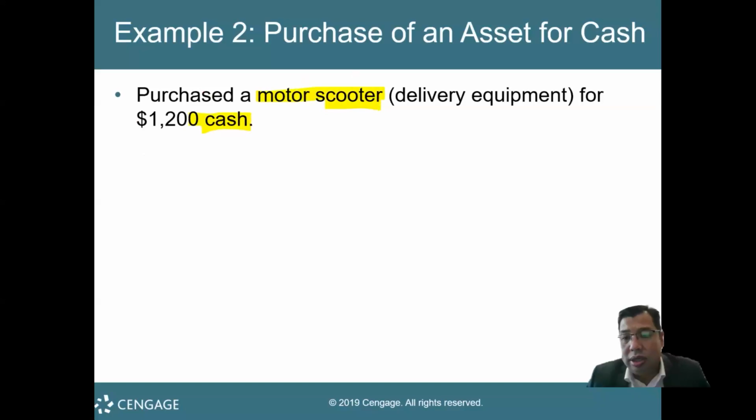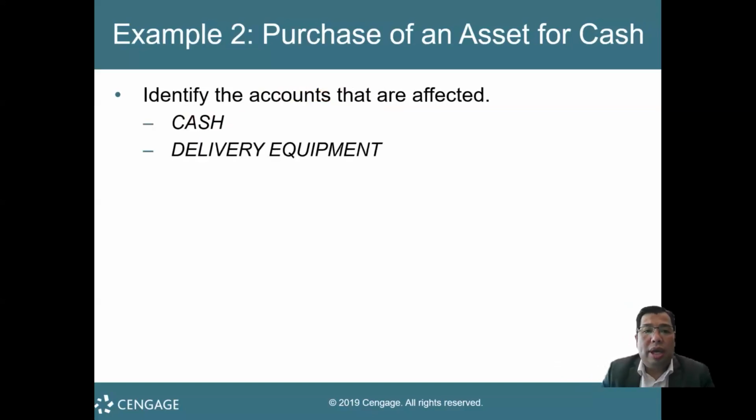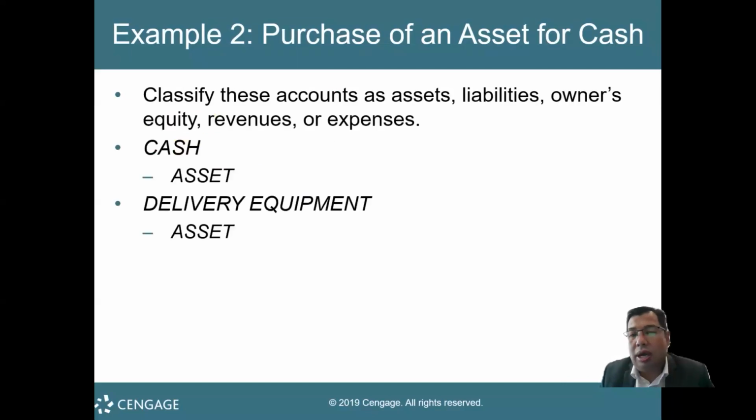We didn't have a motor scooter, but now when we purchase this equipment, we have one. So our cash and delivery equipment are the two accounts affected, and both fall under assets.